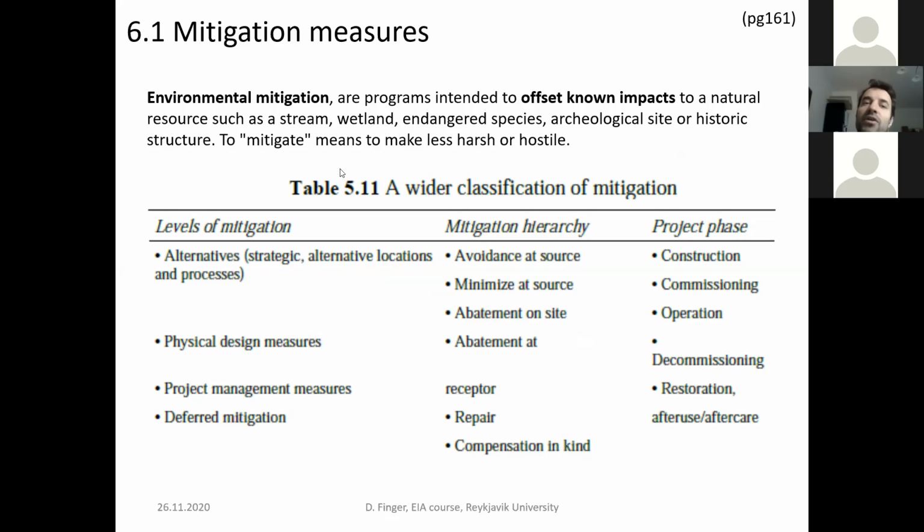And then you can say, okay, we're going to do additional mitigation measurements to make our project more sustainable. So in the case, for example, of the hydropower plant, you could go in and say, okay, we're going to create fish ladders so that the fish can migrate upstream and go around the hydropower plant.